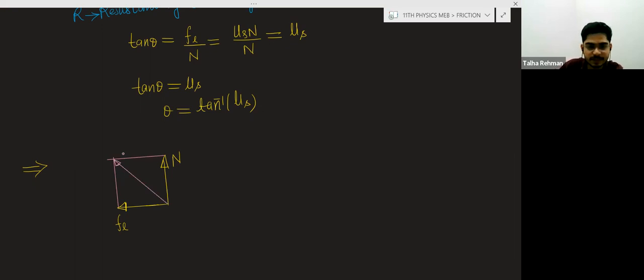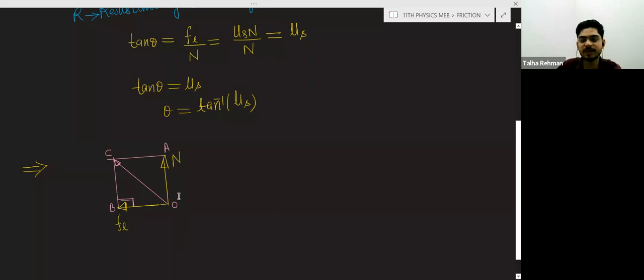So basically, suppose this is O, this is A, this is B, and this is C. This angle is 90 degrees. Now what is the length OA? Divyangi, what is the length of OA?